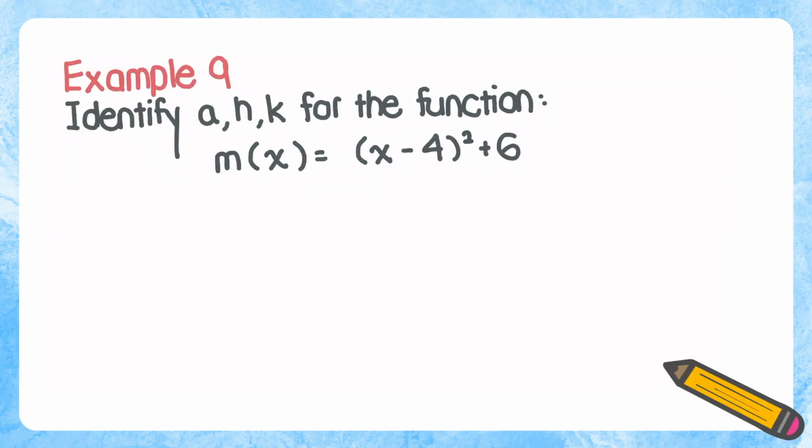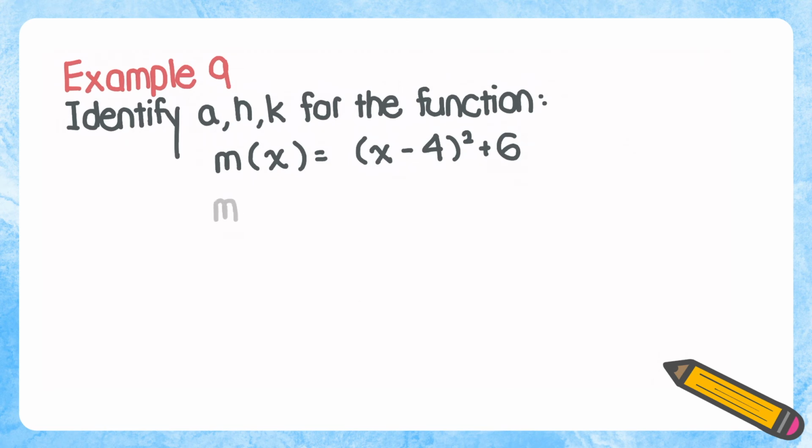For example 9, let's identify a, h, and k for this function. M of x equals (x minus 4) quantity squared plus 6. Do you notice that we're missing anything here? Let's take a look. The general vertex form is the following.